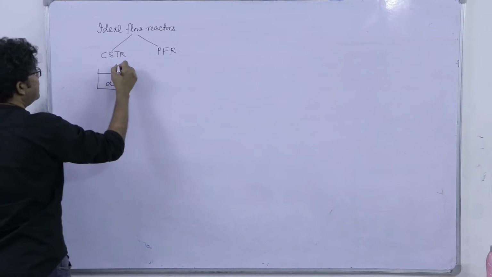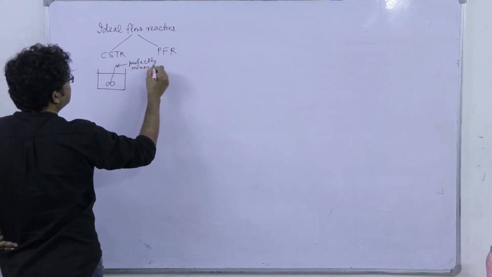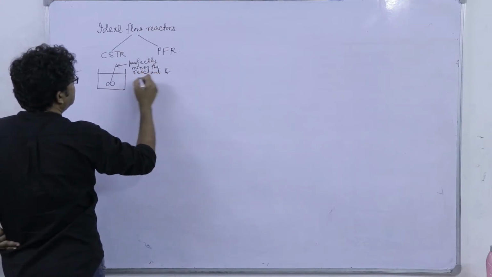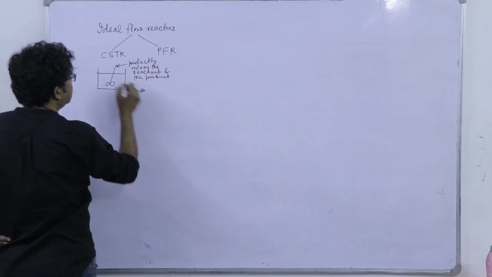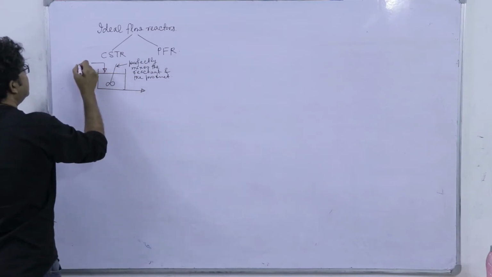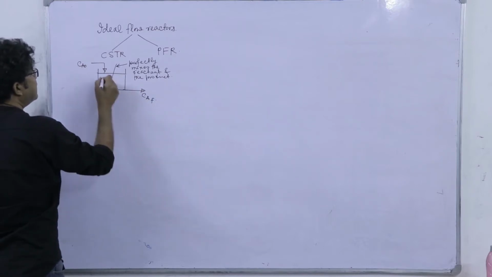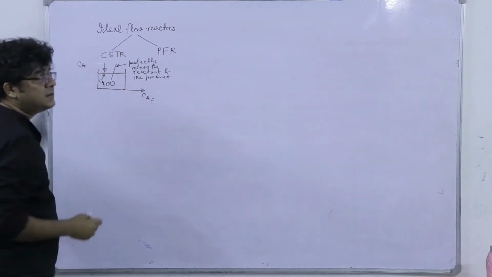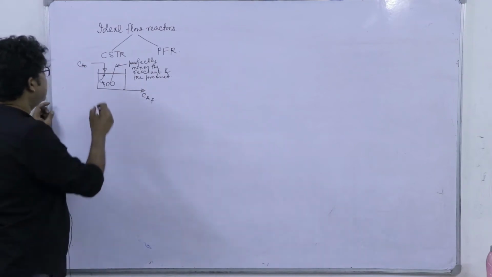It perfectly mixes the reactant and the product, right. So, if it is Ca0 at the inlet and here it is CAF, at the very entry point we will have the concentration CAF. Everywhere inside we will have the same concentration as that of the outlet, right.